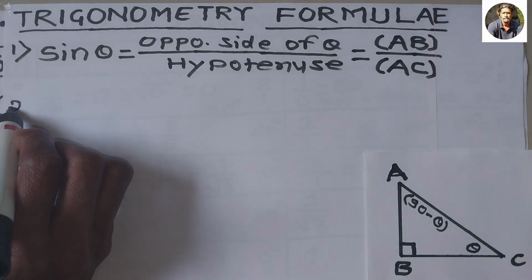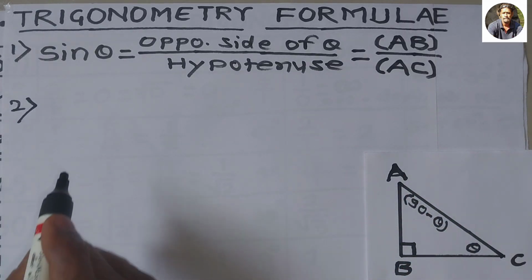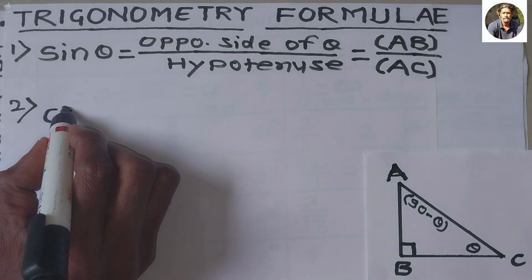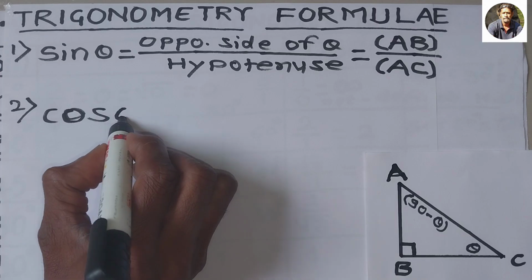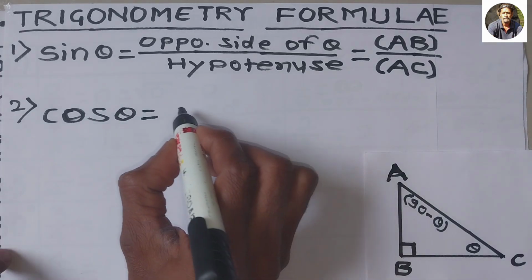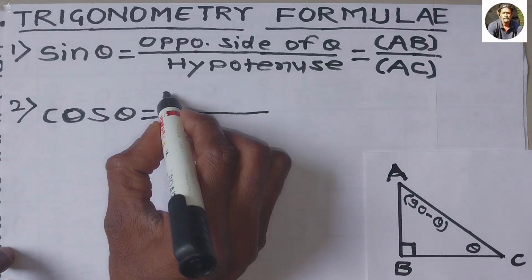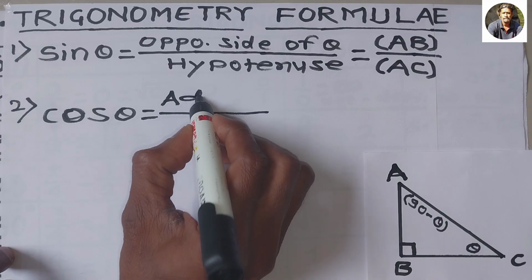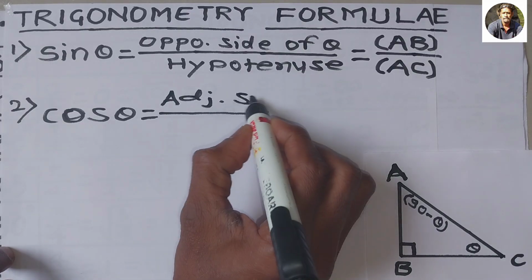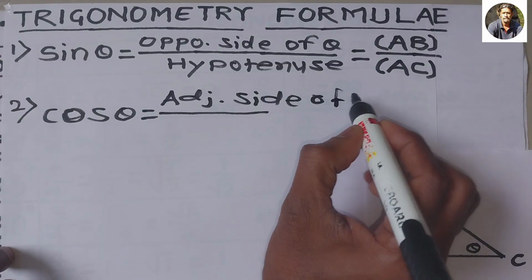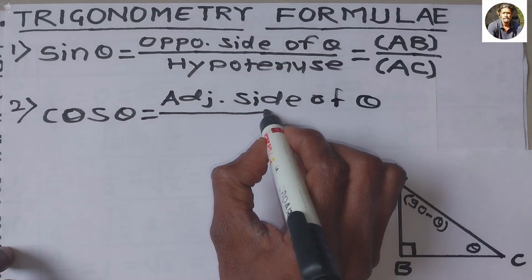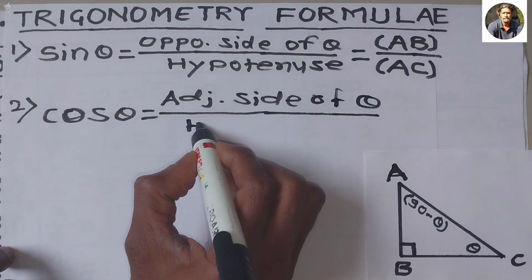Then we write our second trigonometric ratio, that is cos theta. Cos theta is equal to adjacent side of theta upon hypotenuse.